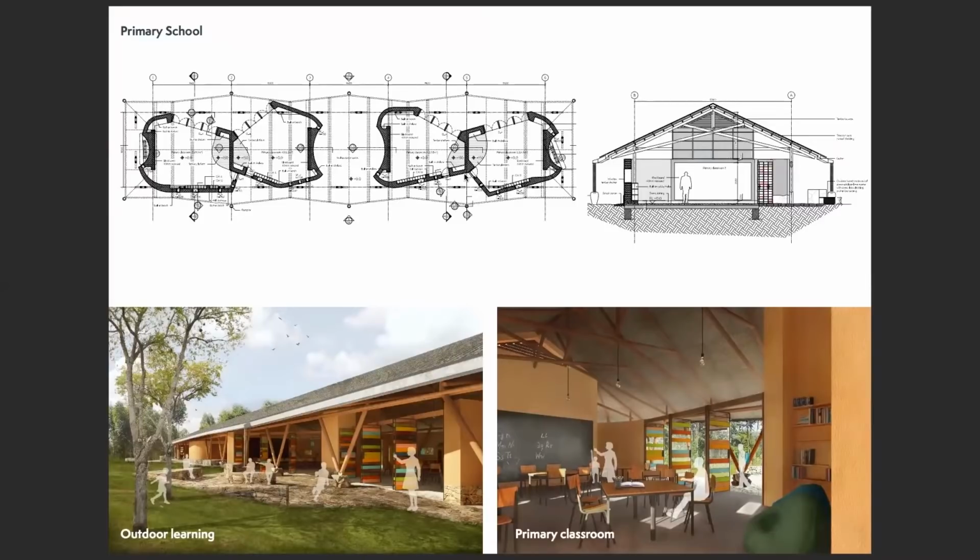And then on the other side, each classroom is very open and opens up to an external teaching space that is essentially some form of outside terrace that will be shaded by trees. Obviously, the motivation here is to encourage as much outdoor learning as possible. That is something that our client is particularly keen on.